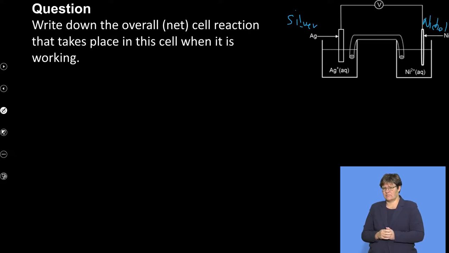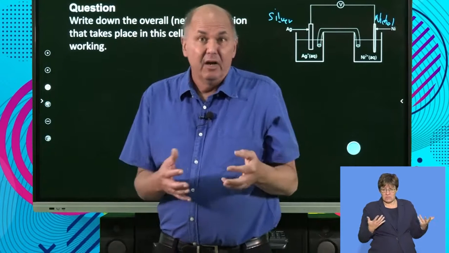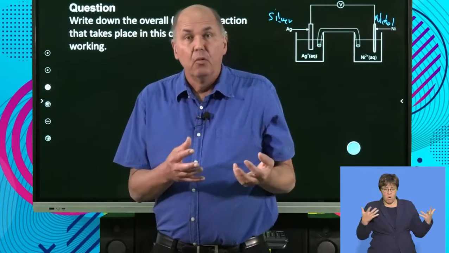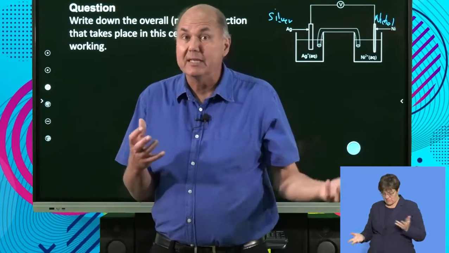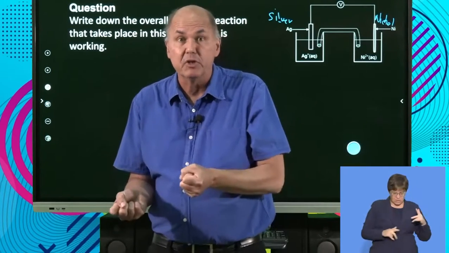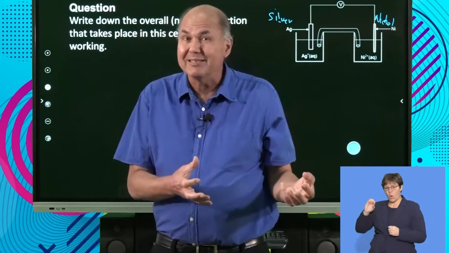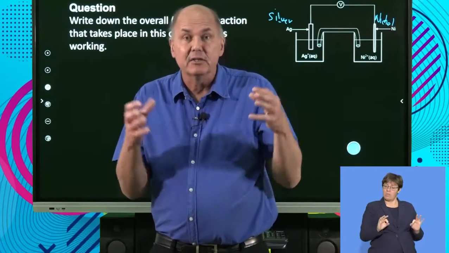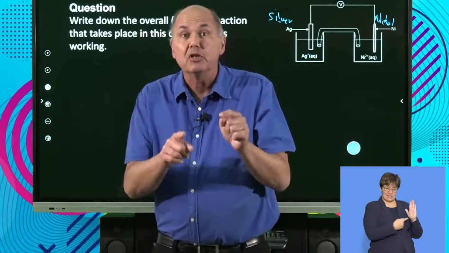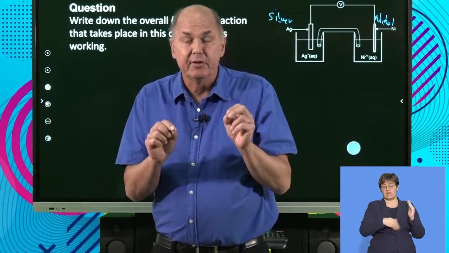Now, guys, I don't, at this stage, have much idea in terms of being able to guess which is the more reactive, which is the less reactive, which is the stronger reducing agent, which is the stronger oxidizing agent. To be able to get the values out and to get the proper reaction, I've got to go to the table of standard reduction potentials to compare these two half cells.